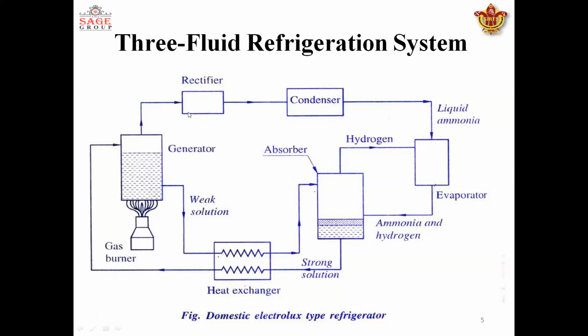So this is the rectifier that prevents the moisture from moving ahead, and only the ammonia vapor passes through the condenser, where it is condensed, and then the liquid ammonia passes to the evaporator. In this way, we can see that this complete cycle keeps going on, and at the evaporator we get some sort of refrigerating effect.